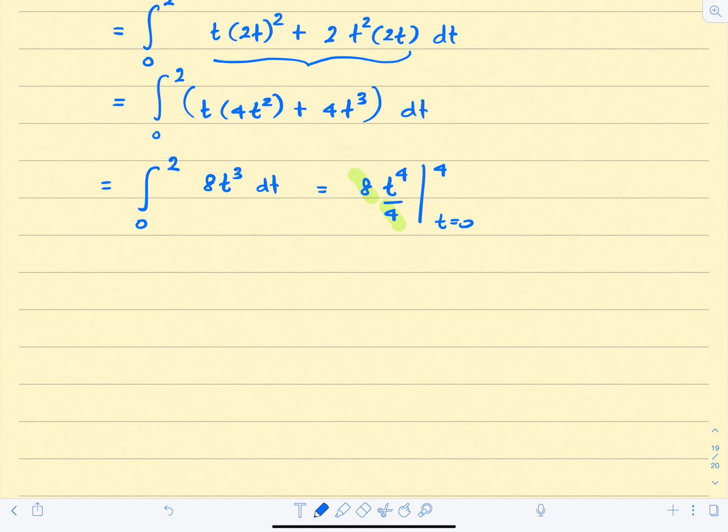If you simplify 8 over 4, you should get 2. I made a mistake here, the upper limit should be 2. So 2 times 2 to the power 4, which is 16, and 16 times 2 is 32. Therefore, the line integral of the vector field F over the curve C1 equals 32.